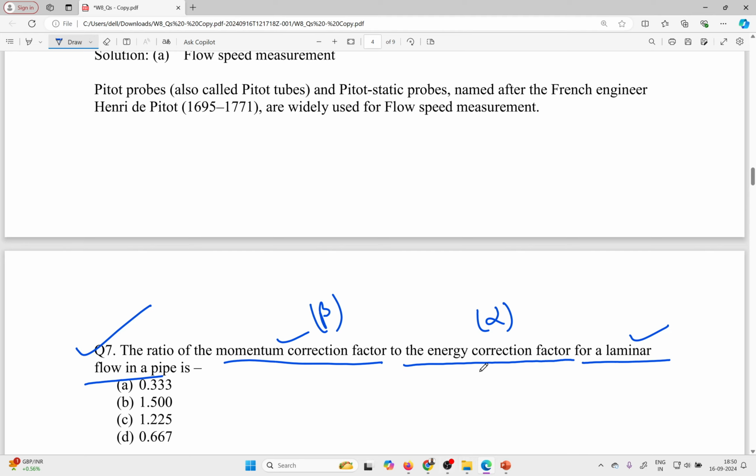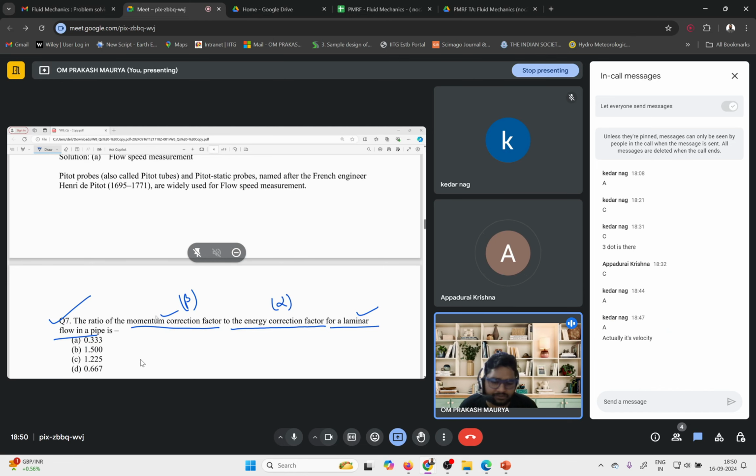If you remember the direct values, then you can very easily give the answer. Otherwise, you need to calculate. Okay, let us wait for Kedar's answer.